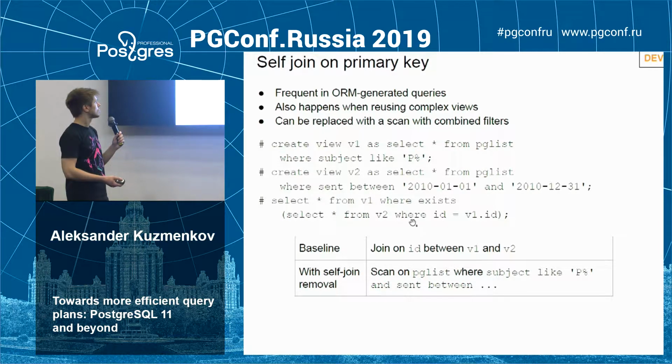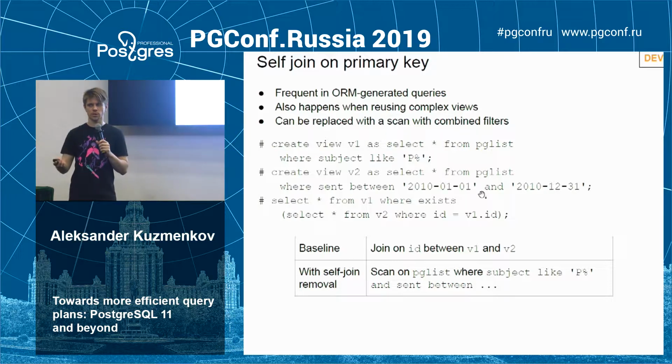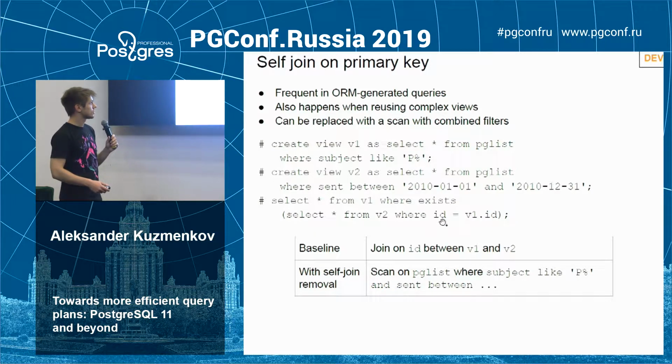And when we would like to join them, we have this kind of join, which is in fact not necessary at all, because we're using pglist on primary key, and theoretically we can discard it and substitute it with a scan and certain filters, and there is a patch that does it all.